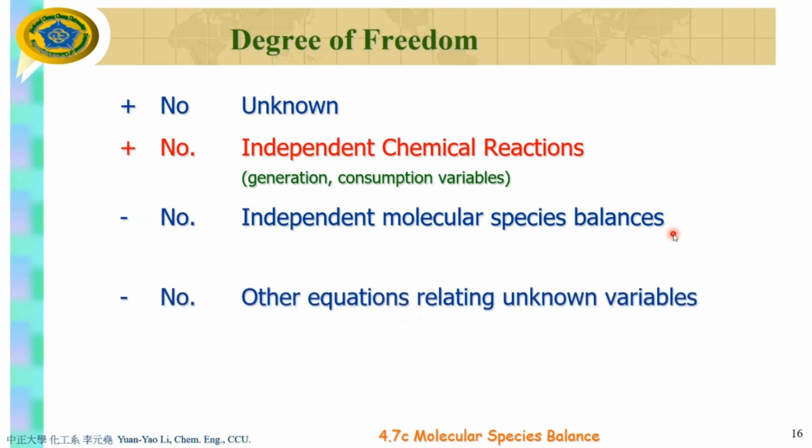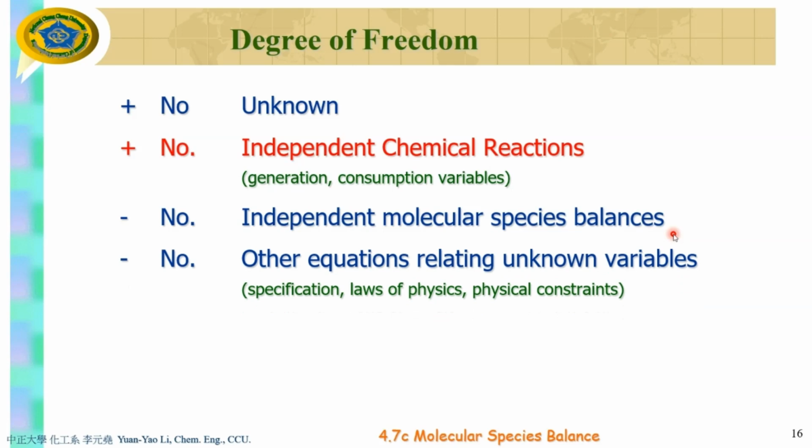And then you have minus other equations related to the unknown variables. That will be specifications, right? Like selectivity or yield or something like this. That's specification, physical laws and physical property, physical constraints, right? You write down the other equations you know.